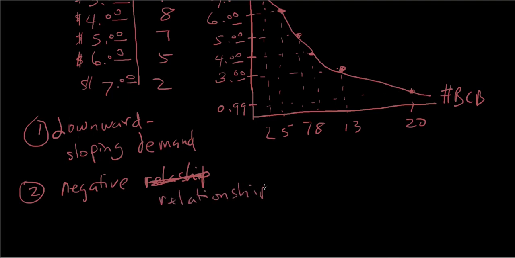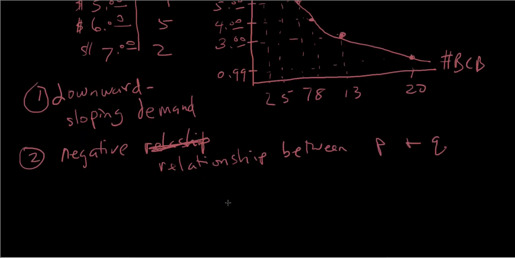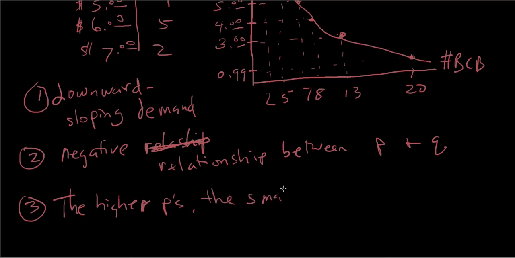Relationship between price and the quantity, right? So another way of saying the same thing: the higher the prices are, the smaller the quantity demanded.